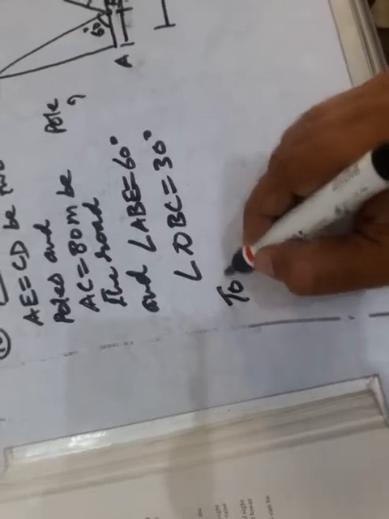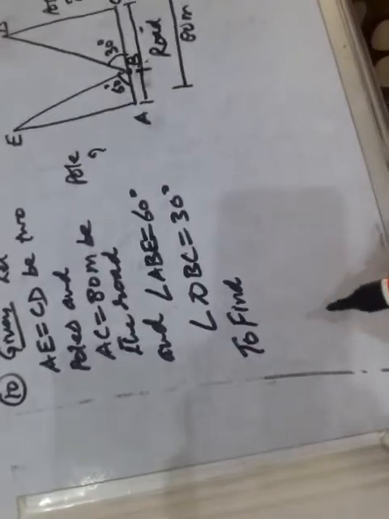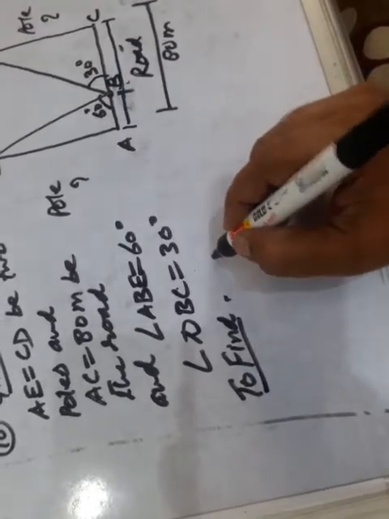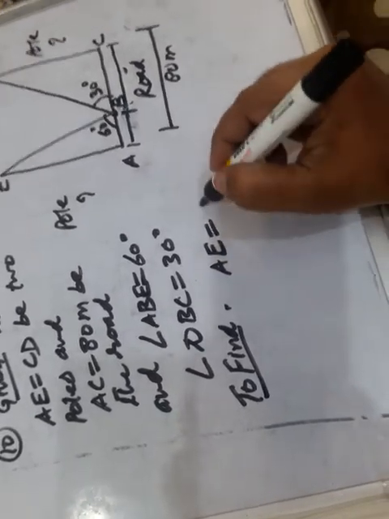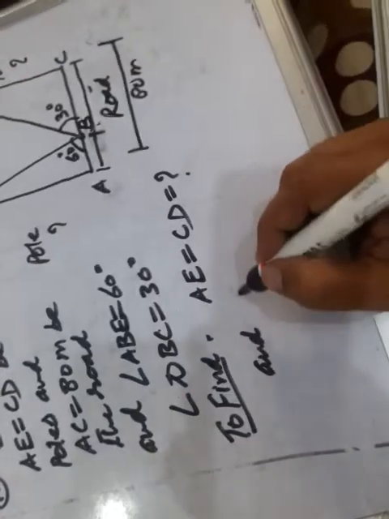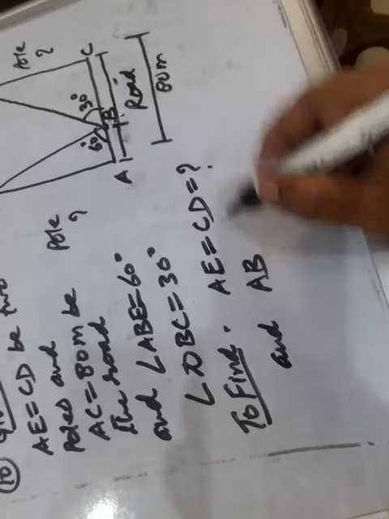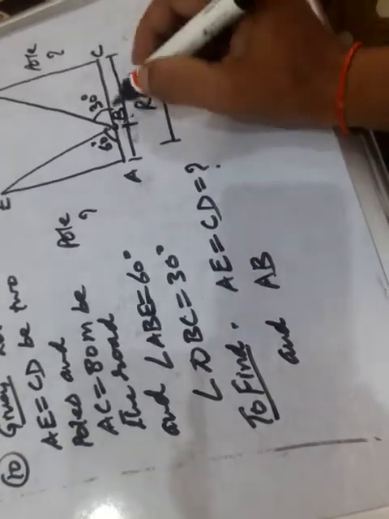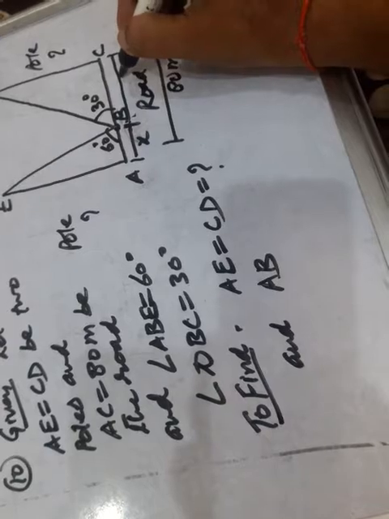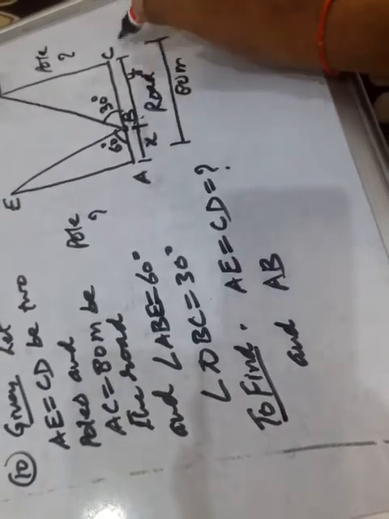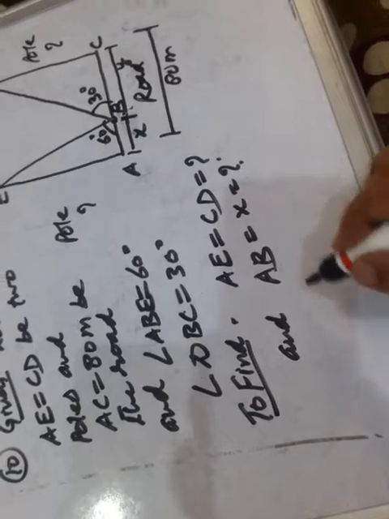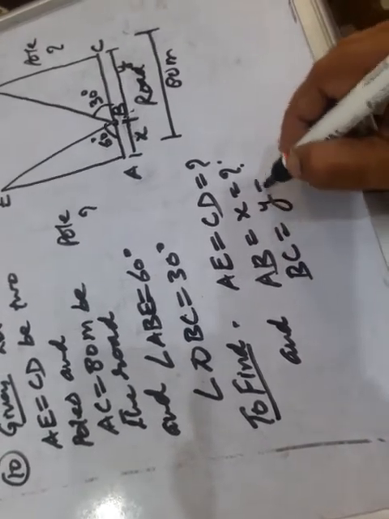To find out, we have to find AE equal to CD, that is the height of the two poles, and AB. Let AB equal to X and BC equal to Y. AB equal to X we have to find out, and BC equal to Y we have to find out.